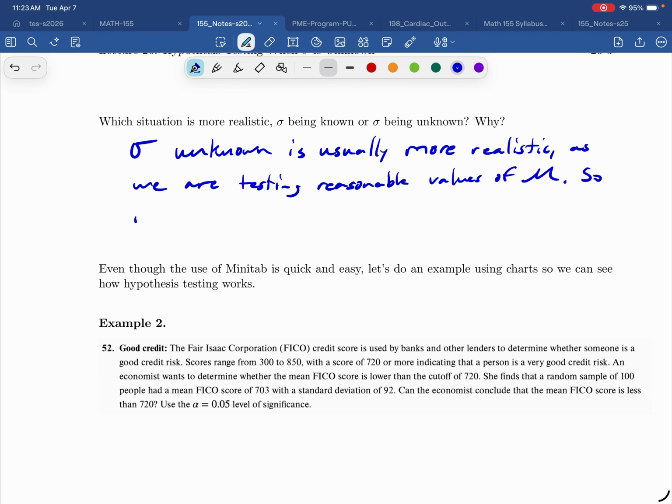So if one parameter is unknown, then the other usually is also unknown.